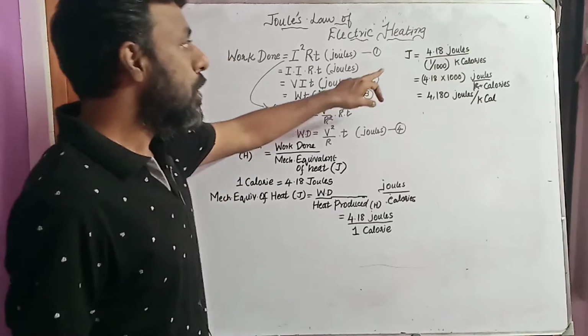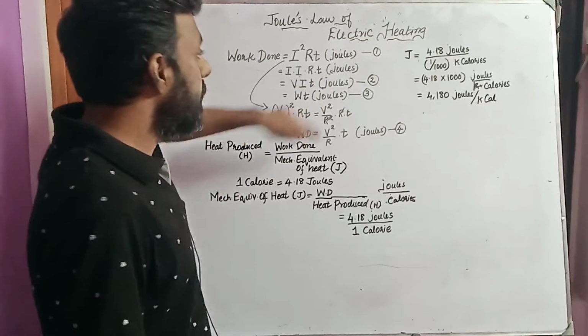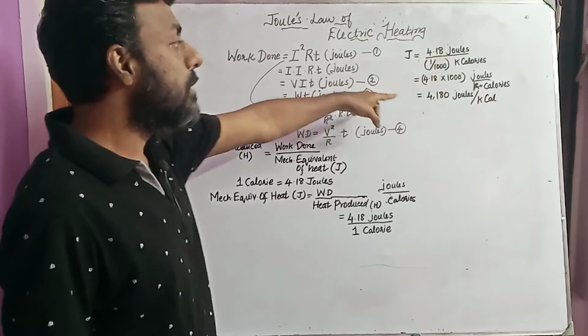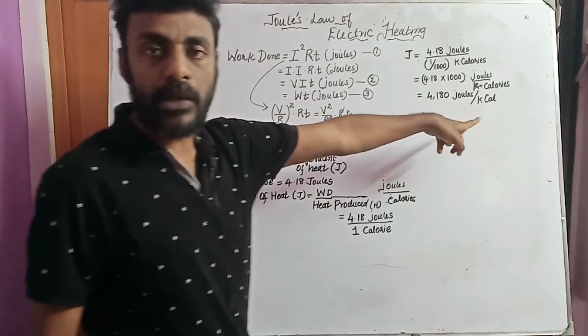So the value of the mechanical equivalent of heat is nothing but 4180 joules per kilocalories.